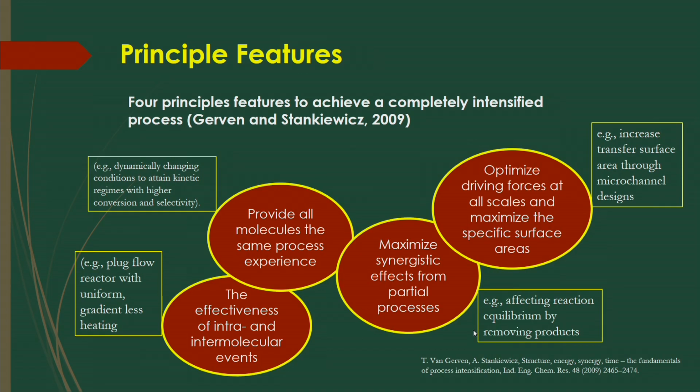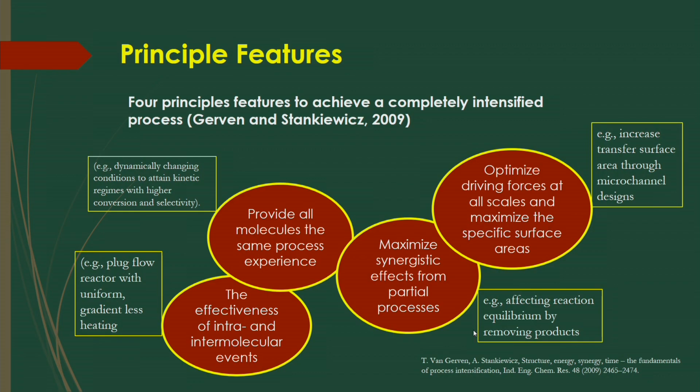So whenever you are going to maximize or optimize the yield of the process, you have to consider all those variables and also the driving force, and these generally affect the scaling of the processes.